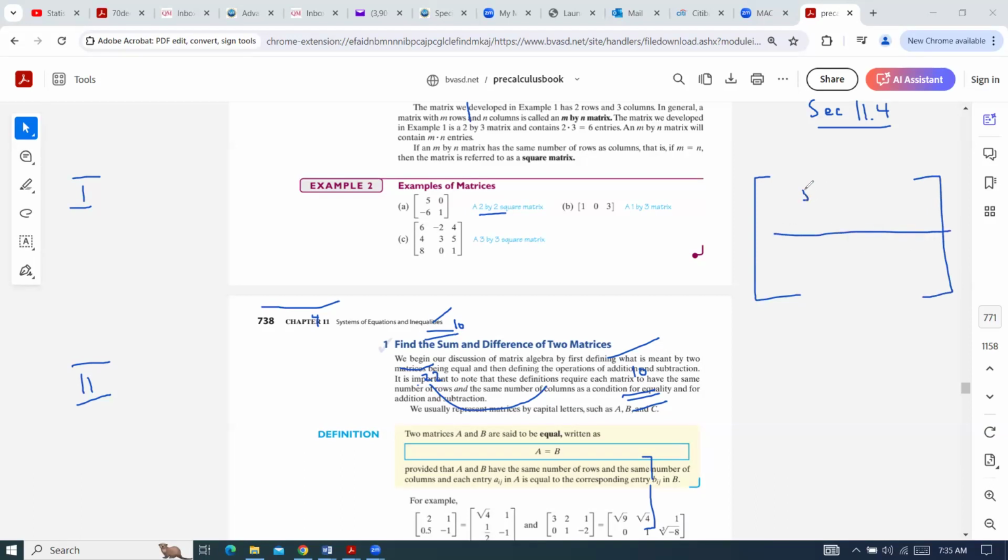There are 4 entries here: 5, 0, and negative 6, 1. So that matrix has 2 rows, row number 1 and row number 2, and 2 columns. You can also treat it not horizontally but vertically, and you see there are 2 columns, the first column and the second column.